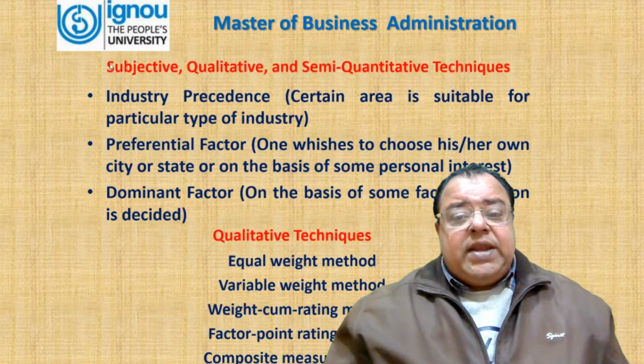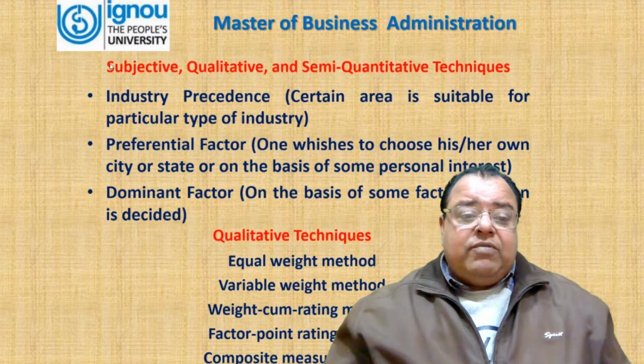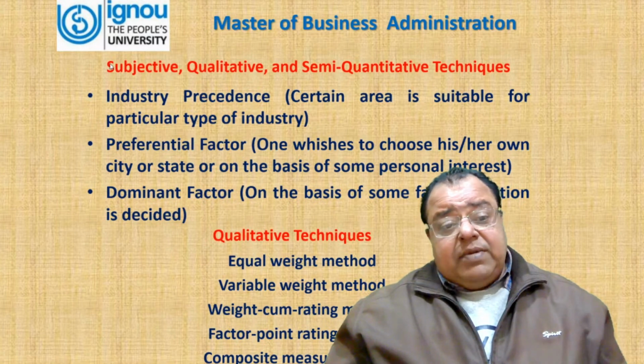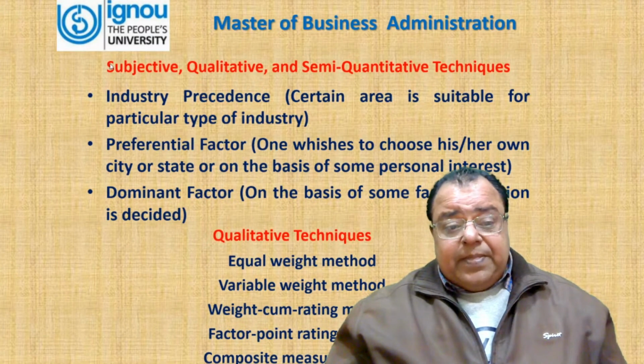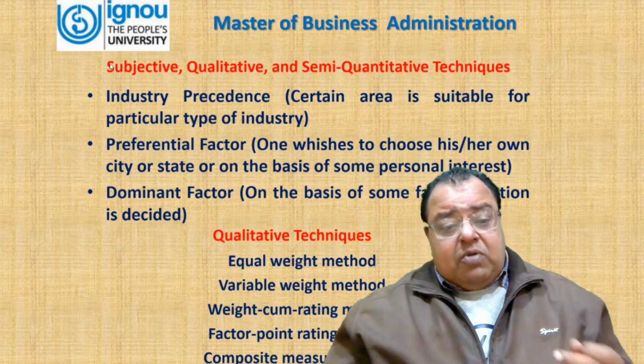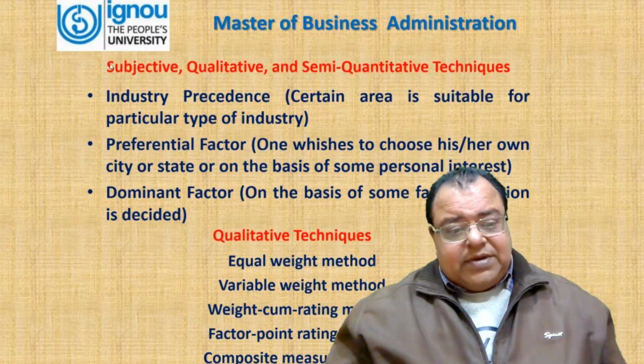Subjective, qualitative, and semi-quantitative techniques. First of all, we have to see the industry precedence: a certain area is suitable for a particular type of industry. Preferential factor: one wishes to choose his or her own city or state on the basis of some personal interest.